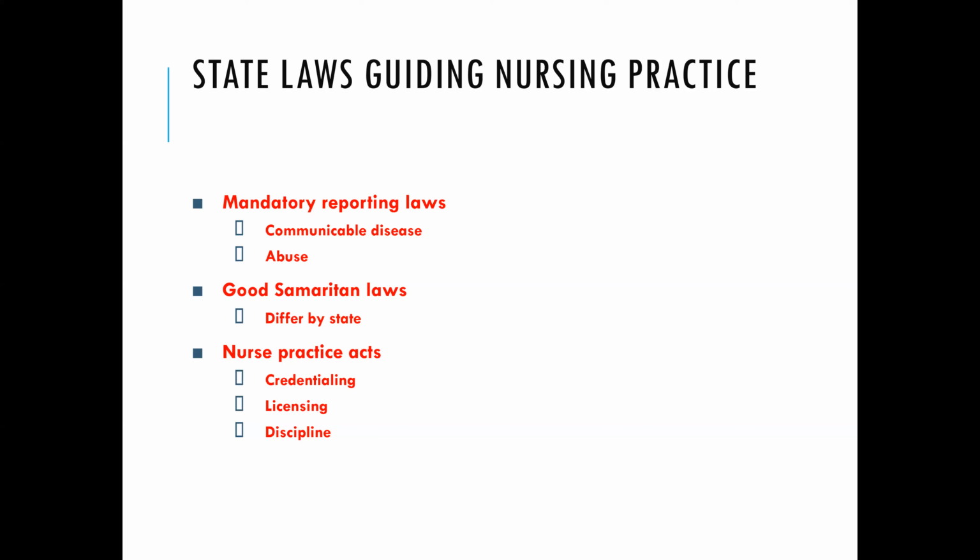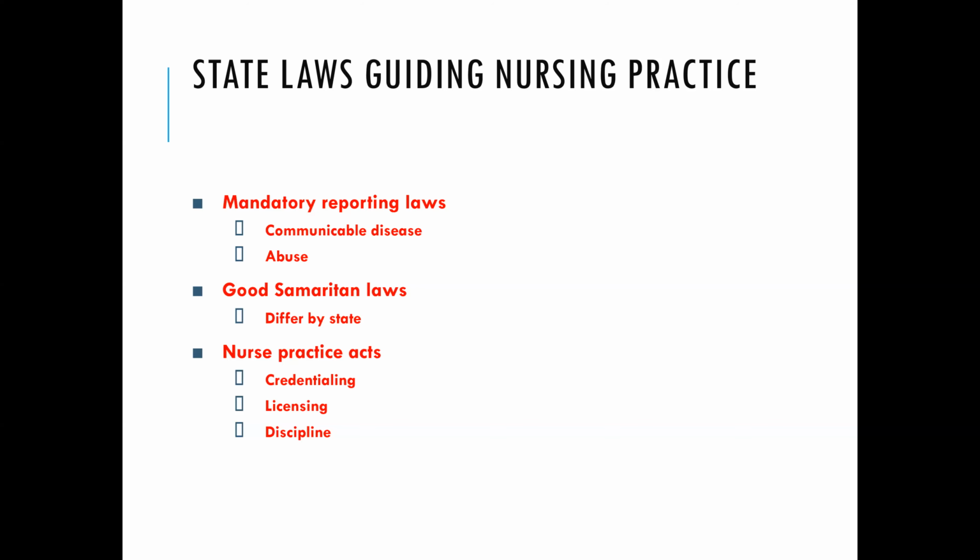And then the Nurse Practice Act, like we talked about, is a statutory law passed by each state's legislative body, and it defines the practice of nursing. Nurse Practice Acts are designed to protect patients and society and define the scope of nursing practice. So that means the things that we are allowed to do and what we are not allowed to do. And that goes for the difference between LPNs and RNs as well.